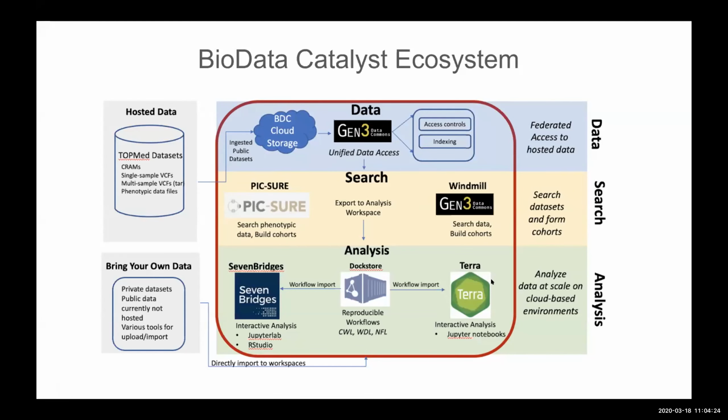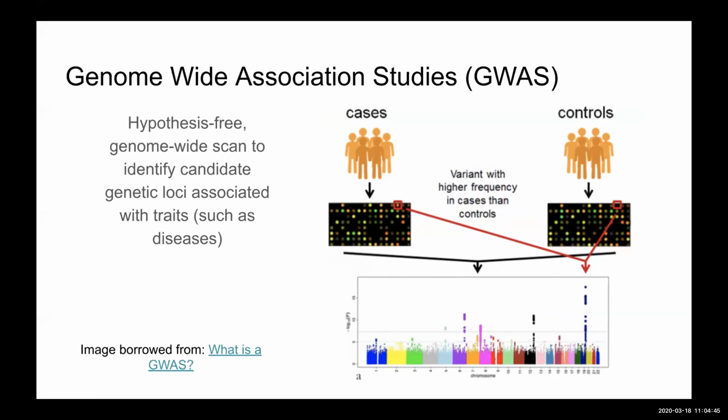So just a quick background, if you're not familiar with a genome-wide association study, this is a hypothesis-free genome-wide scan to identify candidate genetic markers that might be associated with traits. Specifically, in our case, we're interested in diseases as the traits we're looking at. We can leverage a lot of these very rich resources that we're bringing in to our ecosystems, like what Gen3 is hosting.